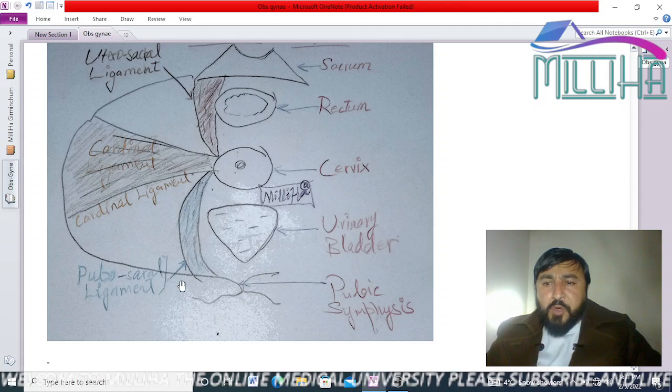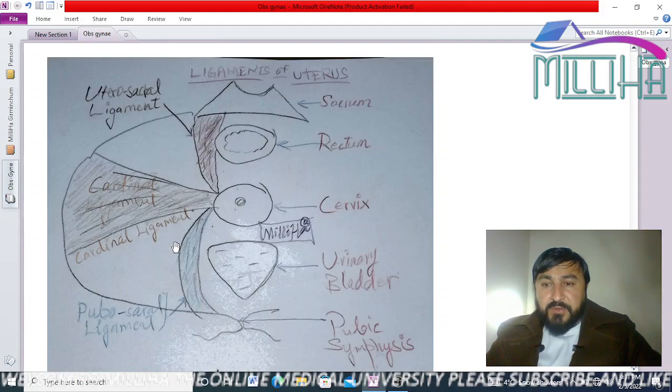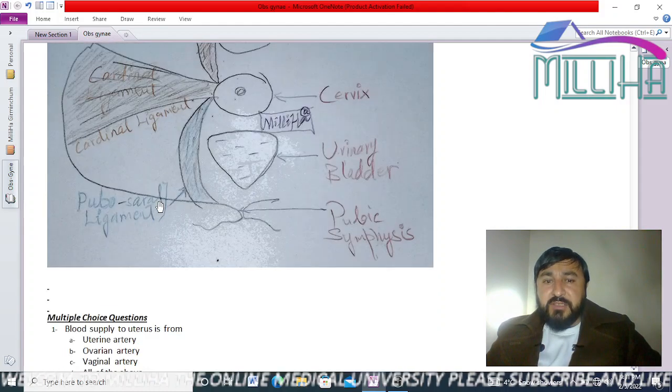This is the pubocervical ligament, excuse me, it's written pubocervical. It binds the cervix to the pubis, and the sacrum is behind. Uterosacral and pubocervical ligament. This is the cardinal ligament.